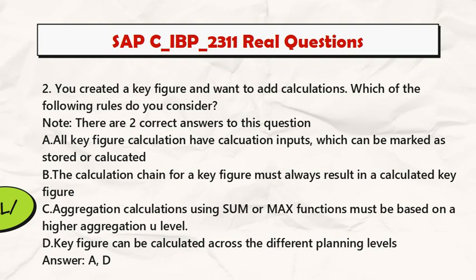B. The calculation chain for a key figure must always result in a calculated key figure. C. Aggregation calculations using sum or max functions must be based on a higher aggregation level. D. Key figures can be calculated across the different planning levels. Answer: A, D.